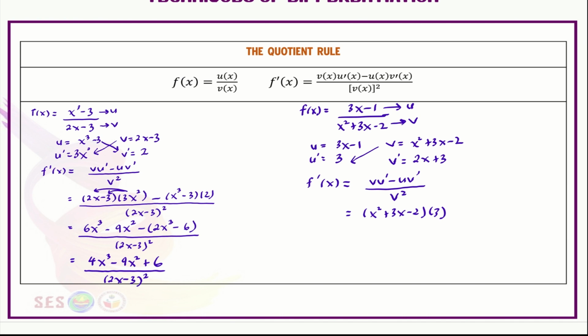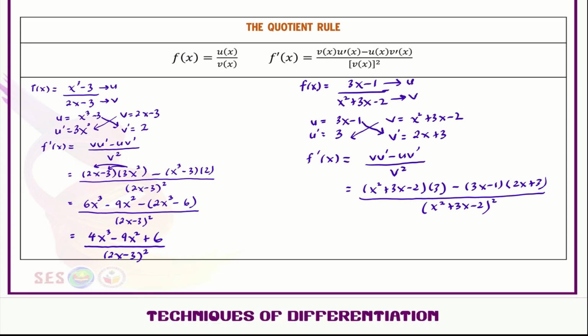Then minus u v prime, which is 3x minus 1 times 2x plus 3. And everything is divided by v squared, which is (x squared plus 3x minus 2) squared.